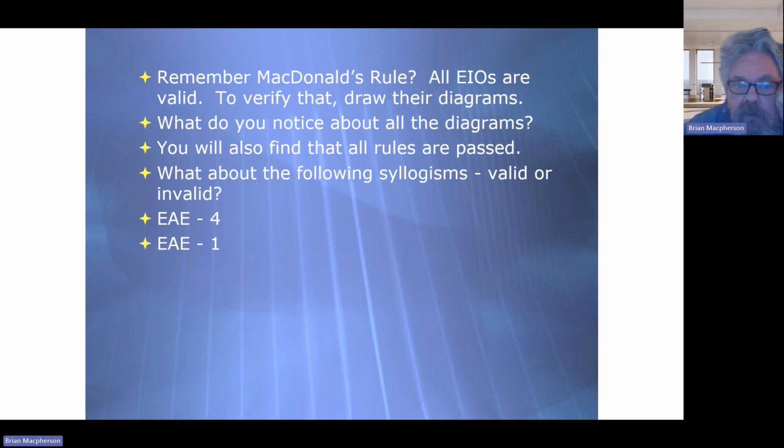Notice that P is distributed in the conclusion and is distributed in the premise in which it occurs. The middle term is distributed in the second premise, so that rule is passed. The problem is with the subject term of the conclusion. No S's are P's. S is distributed, but if you look at the premise, S is undistributed. So this syllogism is in fact invalid.